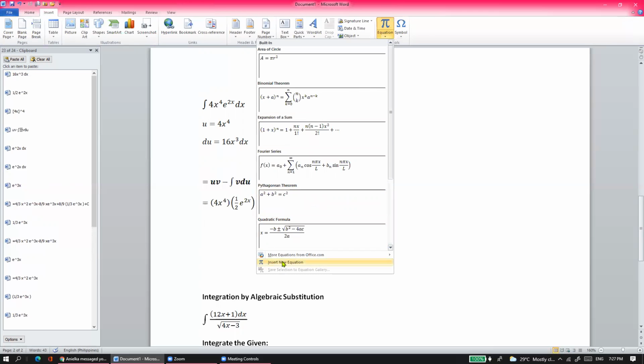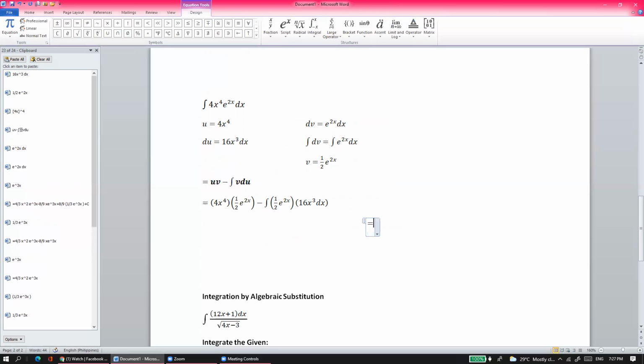This is equal to 2x to the 4 e to the 2x. Then minus 1 half times 16, I think, is 8 na lang. So, I'll type here as 8.